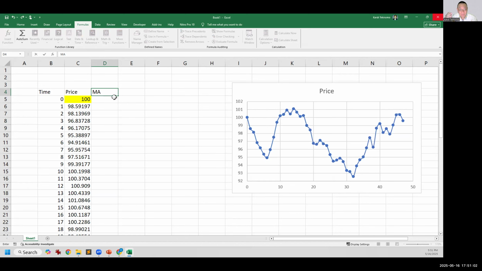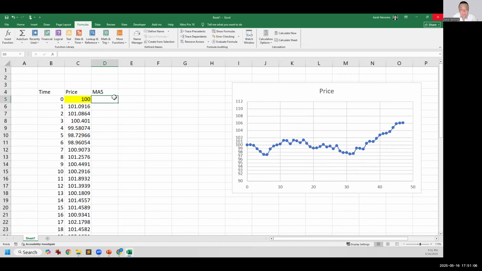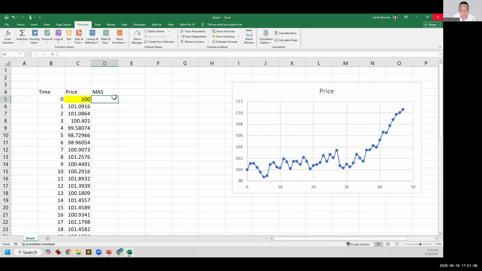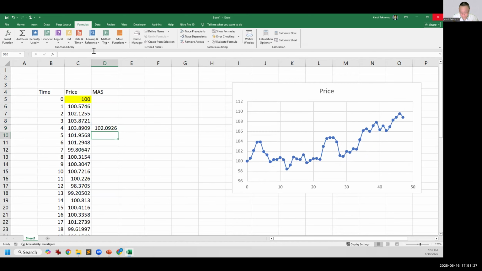For example, I want to do MA5. That means 1, 2, 3, 4, 5. What I will do is get the average of the previous 5. Isn't it correct? 1, 2, 3, 4, 5. So this is called MA, moving average.